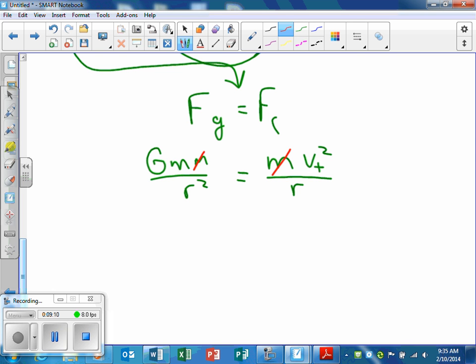Very good. That's the m I canceled out. And then the next question, are these r's the same r? They are, right? Because here's the Earth. This is how far I am away, so I have a force of gravity on a satellite. And it also happens to be the radius of the centripetal motion. Okay, so I can cancel that out.